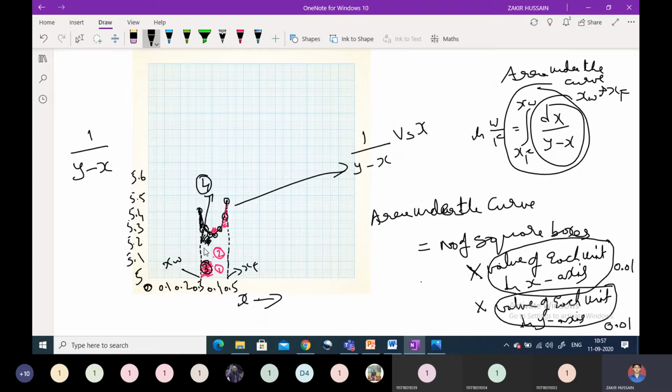And this small portion, you can consider from here in order to make it 5, and then it will be some 5.5 you can take. So approximately you are getting the number of square boxes as 5.5 square boxes.